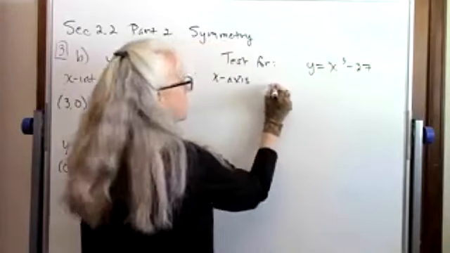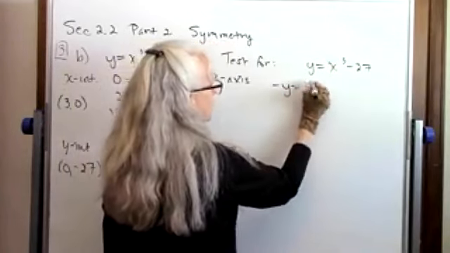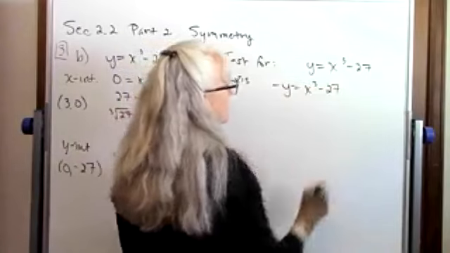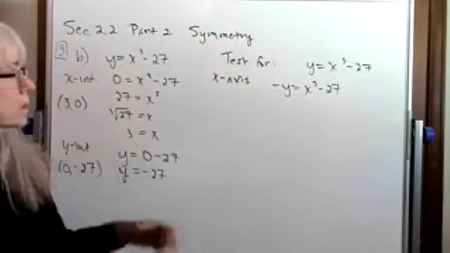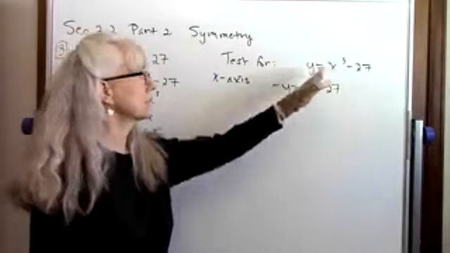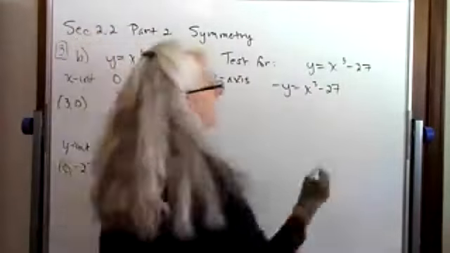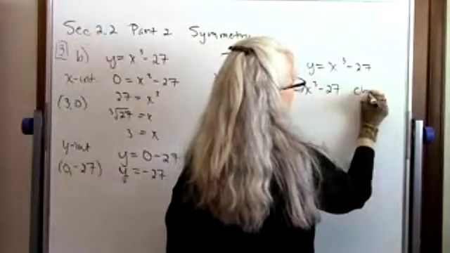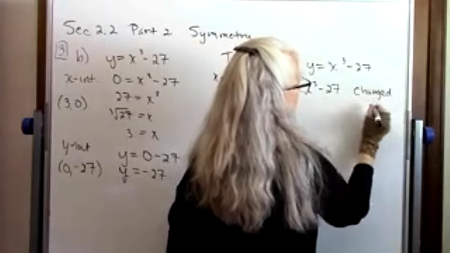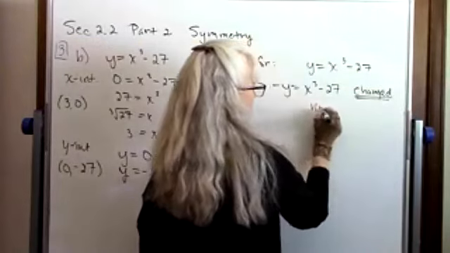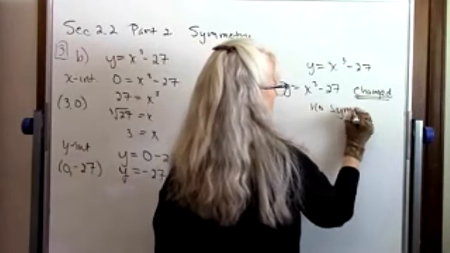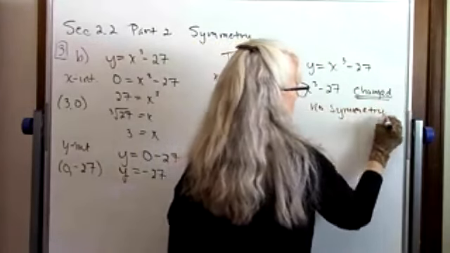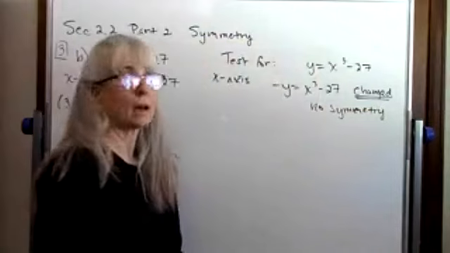So that would be negative y is equal to x to the third minus 27. So all I did is replace the y with the negative y. And when I do this, you'll notice that all of a sudden it's not the same. So it has changed. So that means no symmetry. So this equation does not have symmetry to the x-axis.